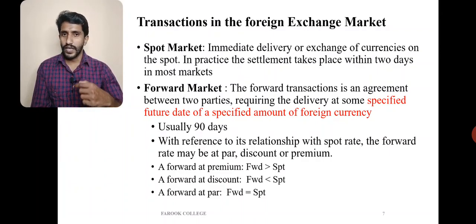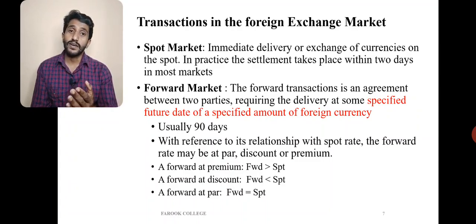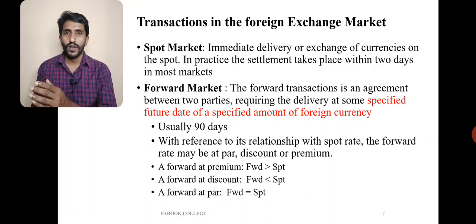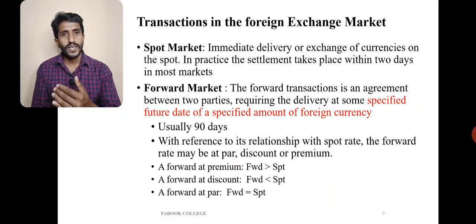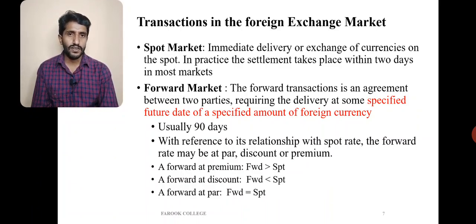So today I am making an agreement for the forward transaction. Suppose that I am making this forward rate bigger than the spot rate. Today's spot rate is $1 equal to 73 rupees. So today I am making a transaction at a higher rate than this exchange rate.